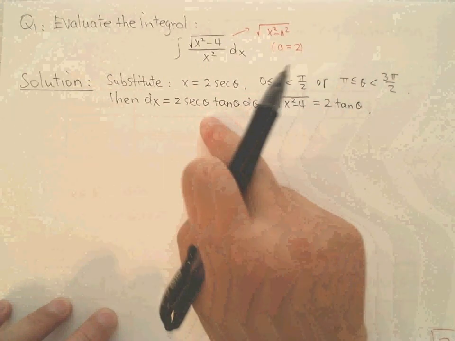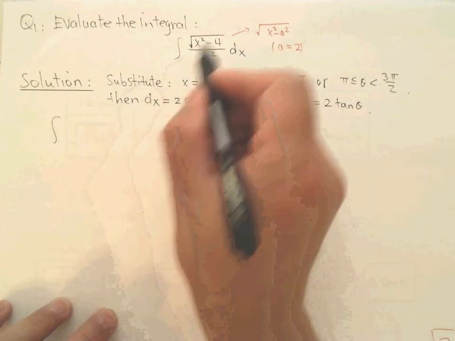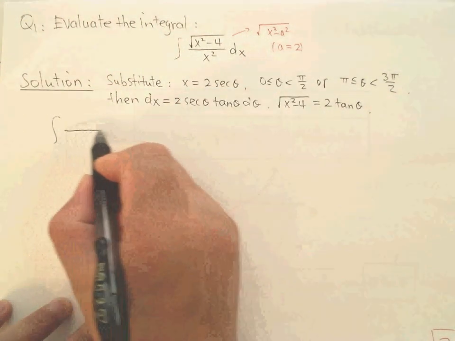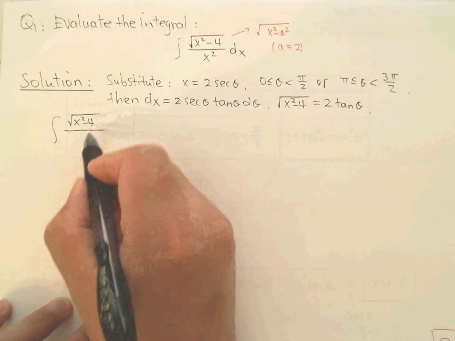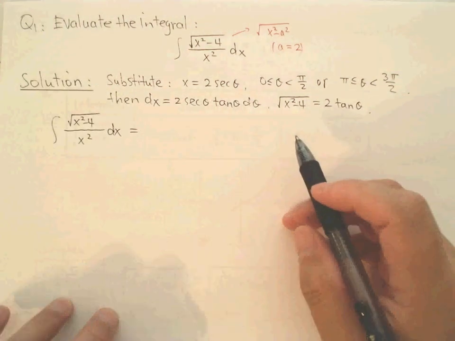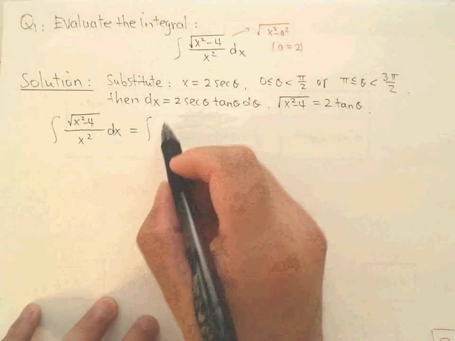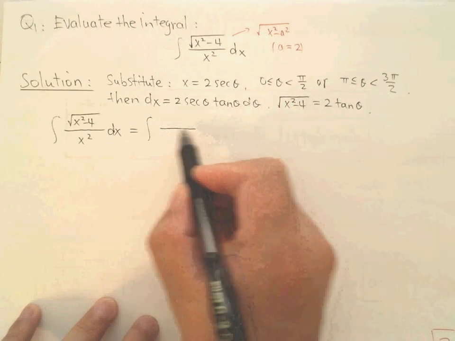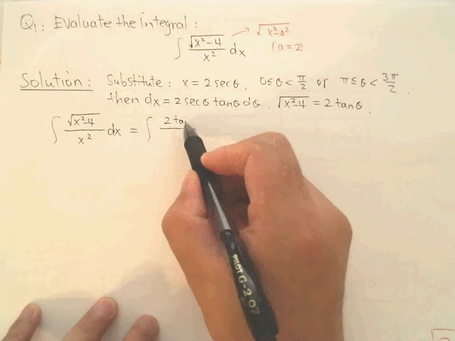Good, we do need this to simplify. So now I am going to get the original, the square root of x squared minus 4 over x squared dx. This is the original integral. Now what do we have after we plug in? The top is 2 tangent theta, right?